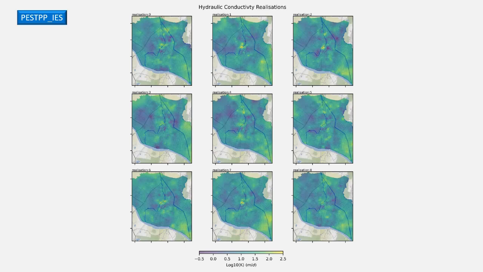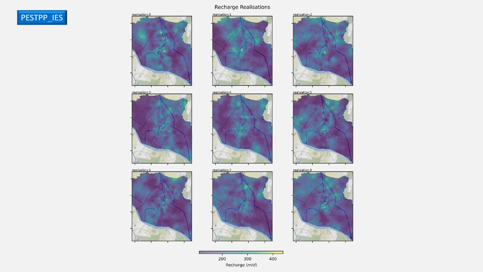So now I have 300 parameter fields, all of which allow the model to respect head observations, all of which have internally consistent particle paths. Therefore, they allow the model to respect concentration observations.